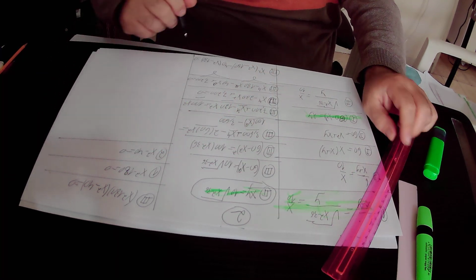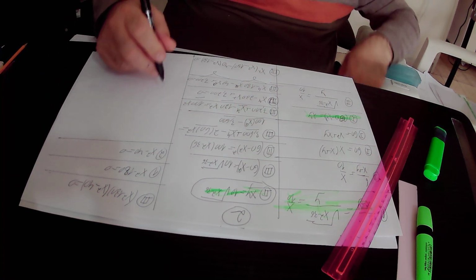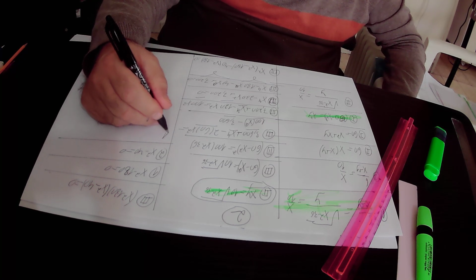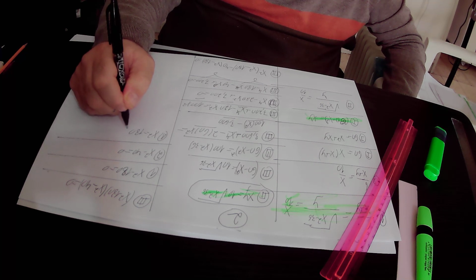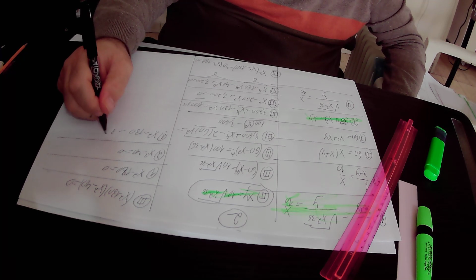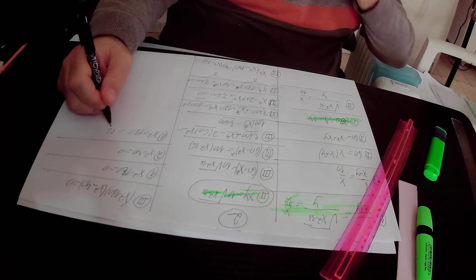So according to the first solution, x squared is equal to 180. 180 is 36 times 5.